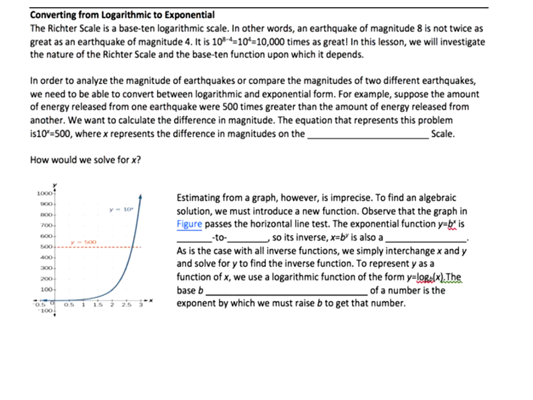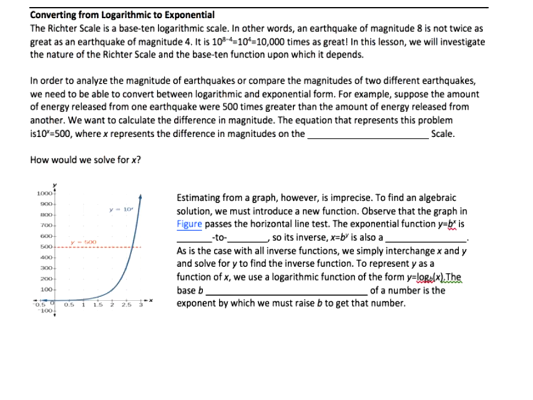In order to analyze or compare the magnitude of earthquakes, and magnitude is just a measure of the greatness of that earthquake, how big of an area it affects, as well as how hard it hits, if you will, we have to be able to convert between logarithmic and exponential forms.